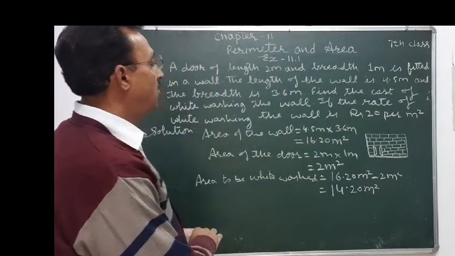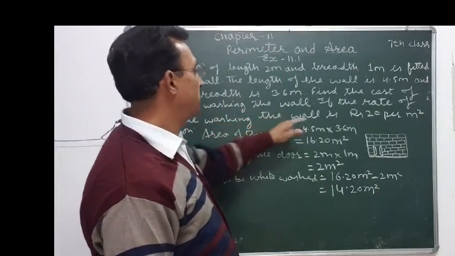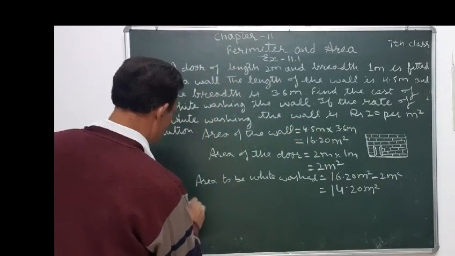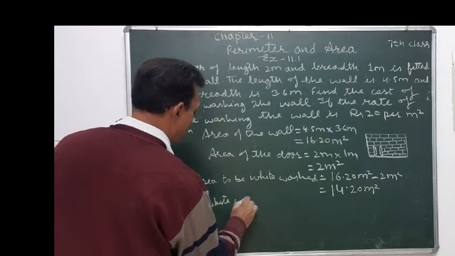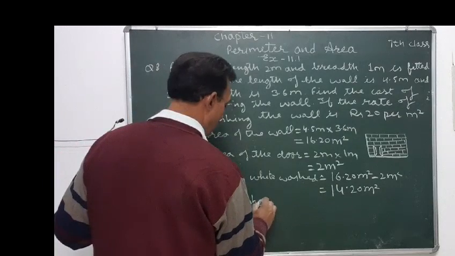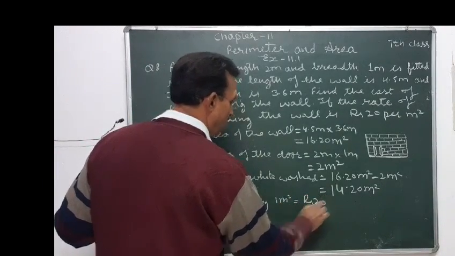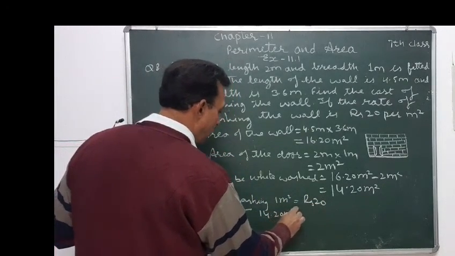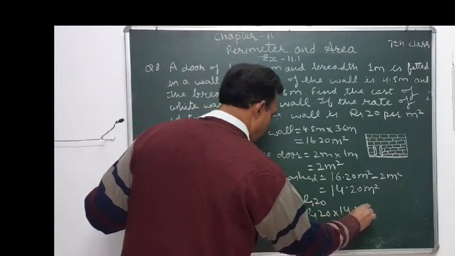Now the cost of whitewashing the wall per meter square is rupees 20. So cost of whitewash: since 1 meter square is equal to rupees 20, the cost of 14.20 meters square is equal to rupees 20 into 14.20.